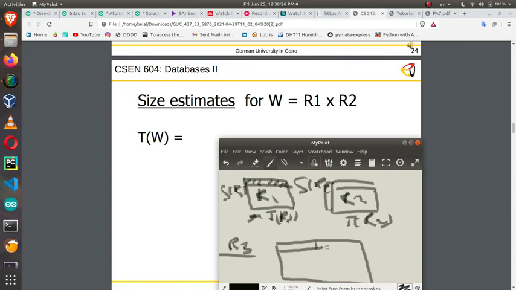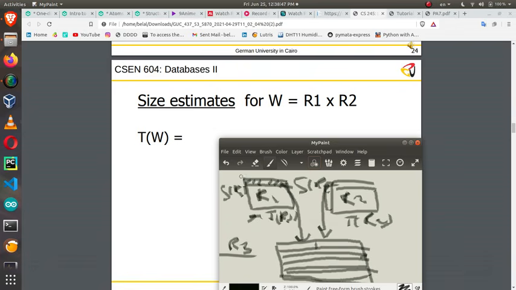So each one of these tuples in the result set is composed of two parts. One of them comes from table R1 and the other one comes from table R2.